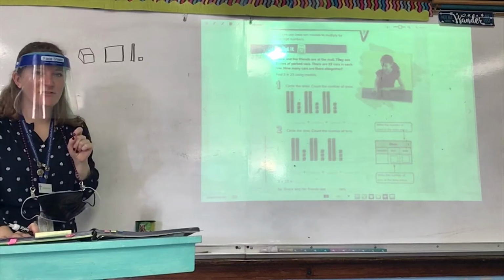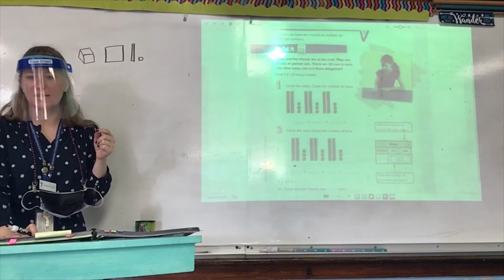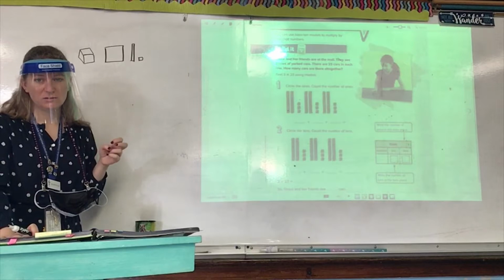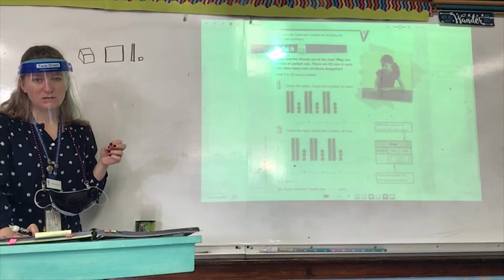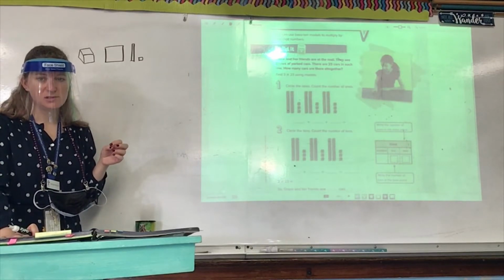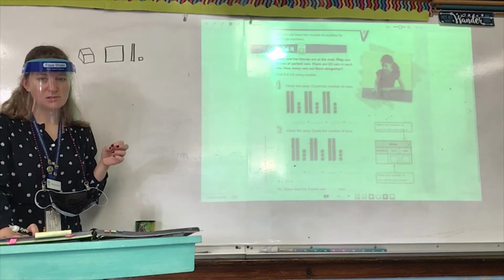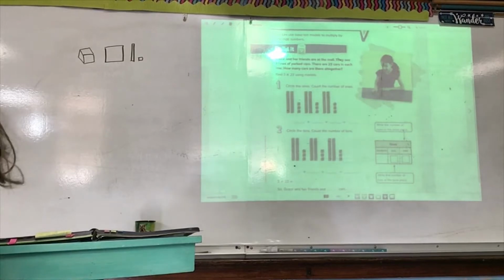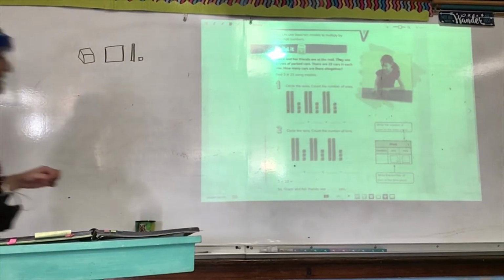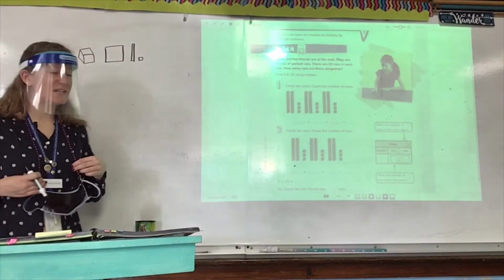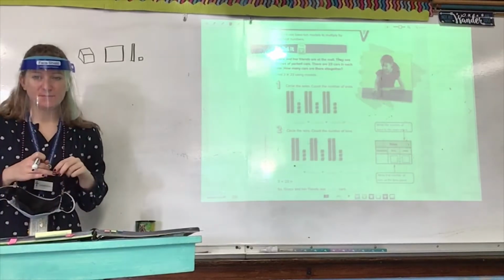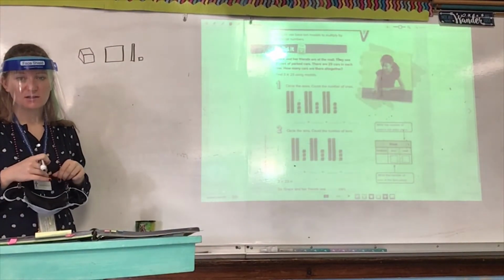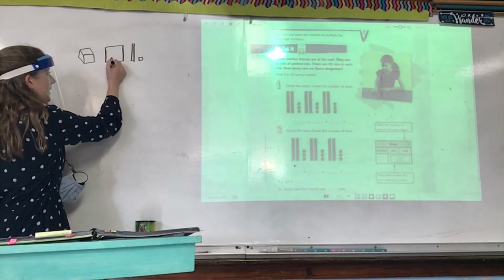How many does a hundredths flat represent? Carla? Okay, Carla, listen to my question. What does a hundredths flat represent? How many does a hundredths flat represent? 100.